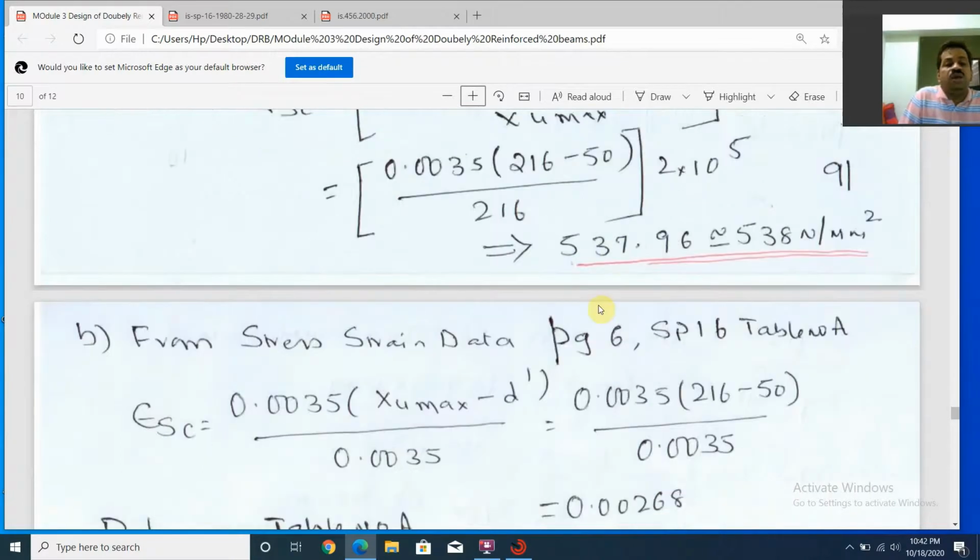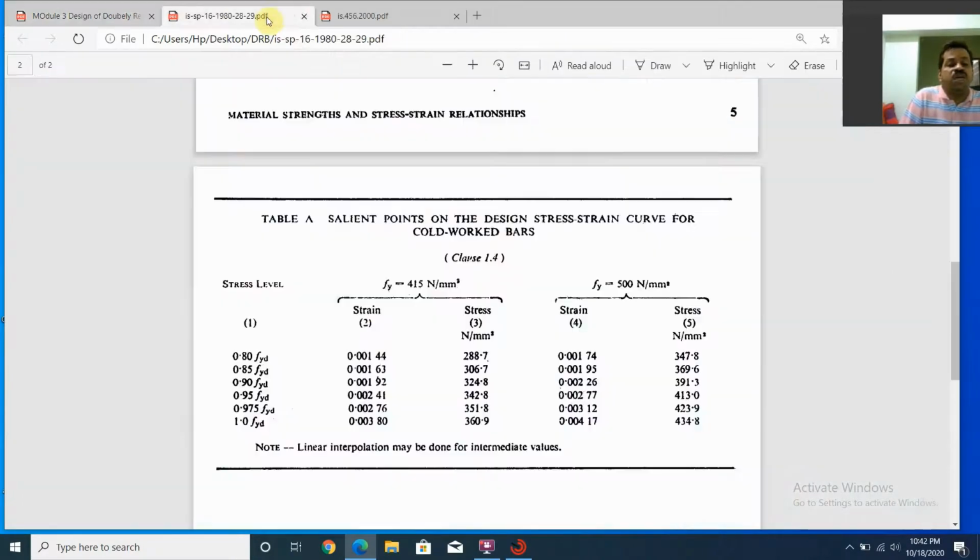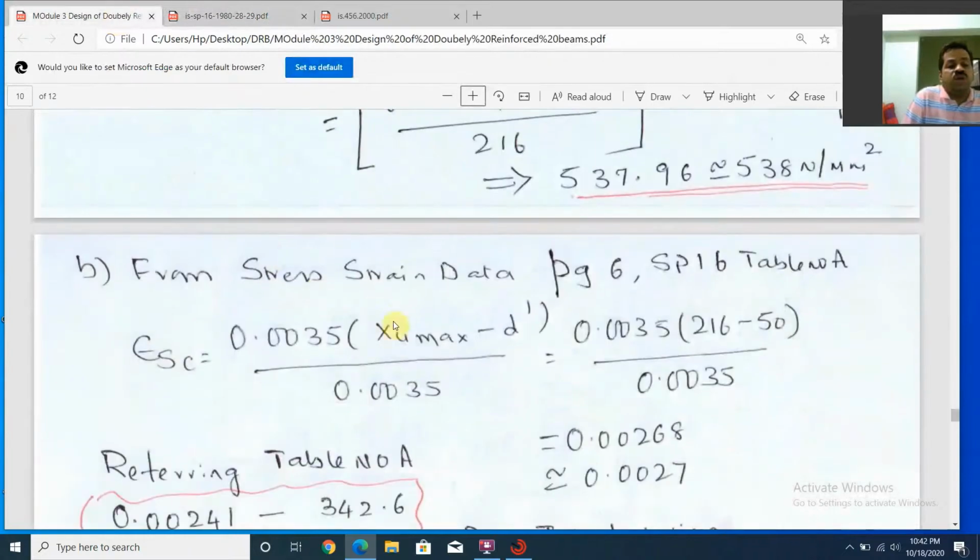In a similar way, we have from the code book SP16, for Fe 415, the actual value of strain and the corresponding stress. Let us calculate the actual stress. Strain is calculated in the similar way, substituting the value of Xu max, and you get 0.00268.